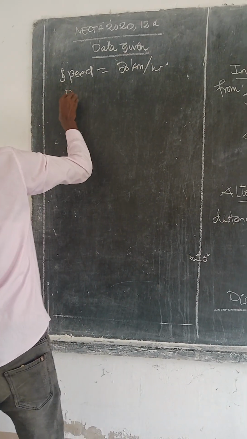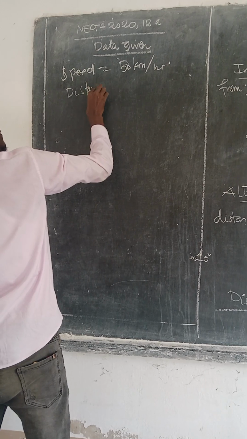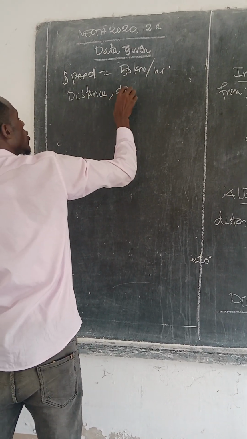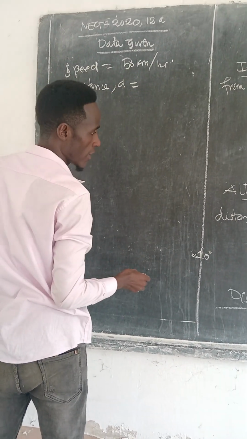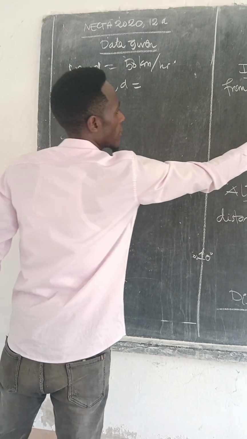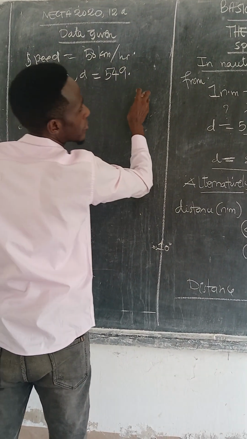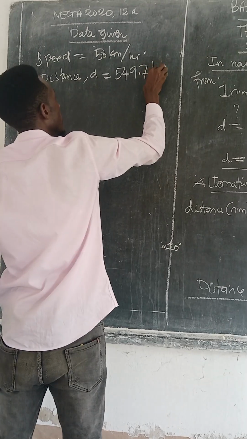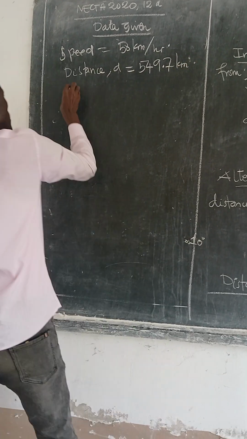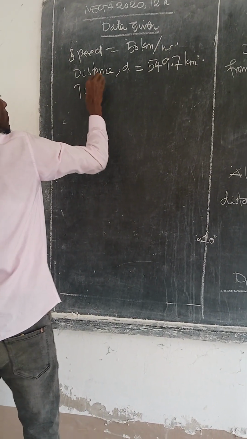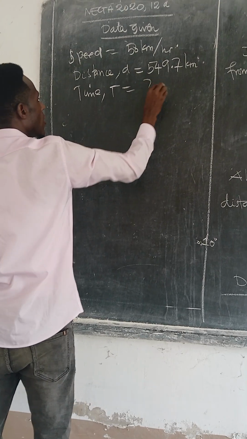Then you have distance. Distance in kilometers is equal to the answer that we obtained. It was 549.7 kilometers. So what is the time? T is equal to how much?